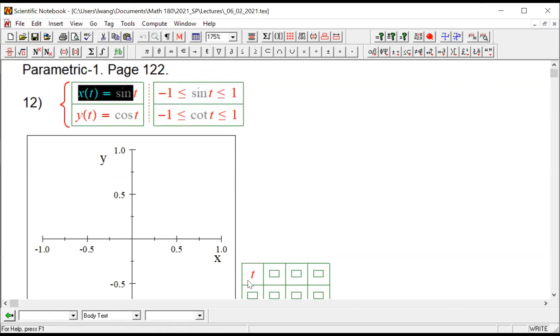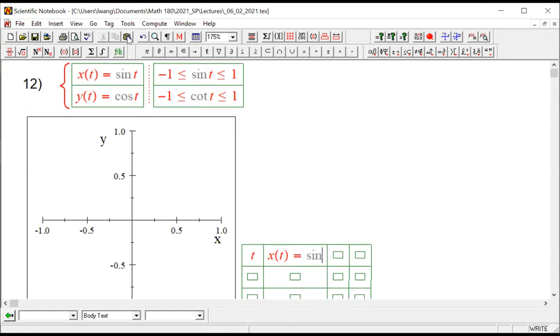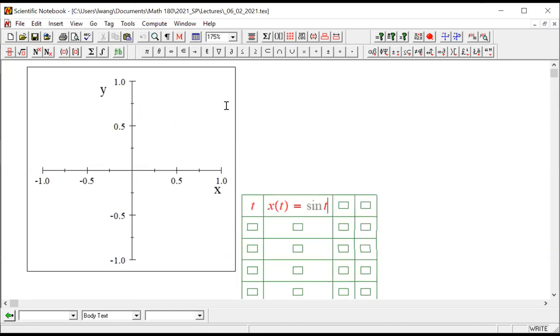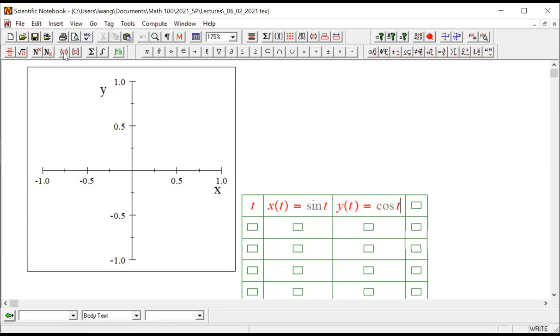You ready? So x of t equals sine of t and y of t equals cosine t. And our points will be x of t, y of t.